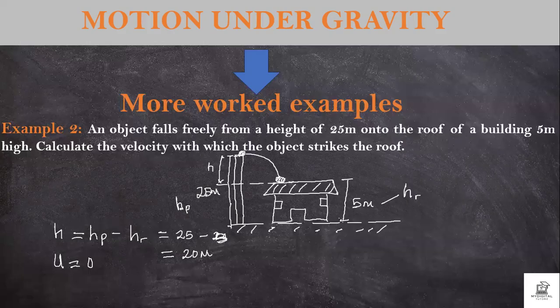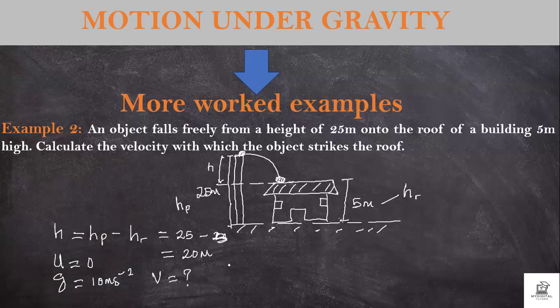Since the object falls from a height, the initial velocity is 0. We know our g is always equal to 10 meters per second squared. Then we have our h, we have our u. Then what are you looking for? The velocity with which the object strikes the roof. That is our final velocity v.